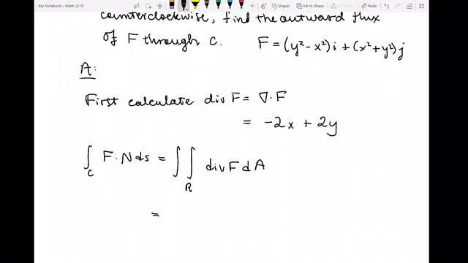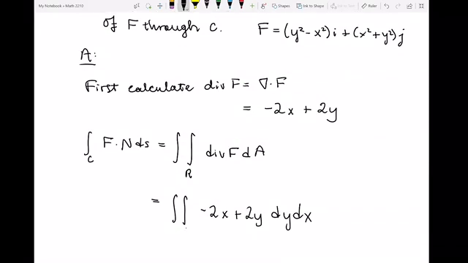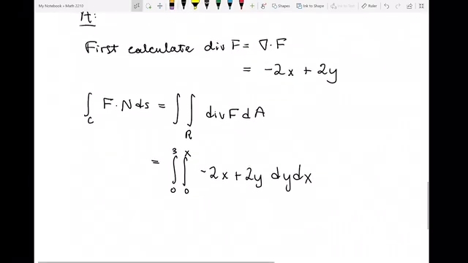Okay, so let's fill in the gaps. The divergence we calculated to be minus 2x plus 2y, and we can use the same bounds on the integral as before, because we're integrating over the same triangle, from 0 up to x and from 0 to 3. This will be equal to, evaluating the integral from 0 to 3, and if I do the inside integral, I get minus 2xy plus y squared, evaluated from 0 to x, dx.